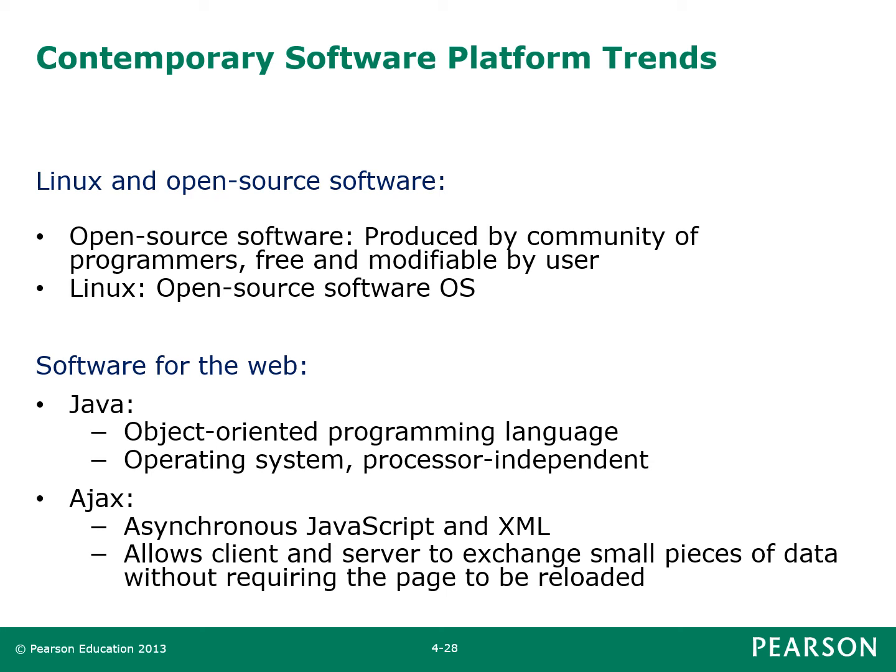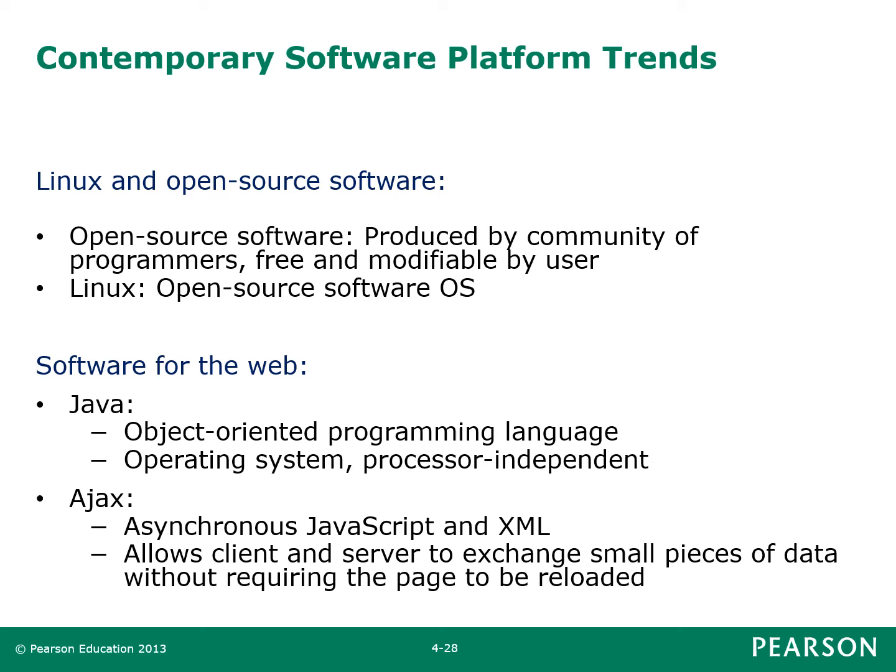So many enterprises, especially small and medium enterprises, are using open source software like Linux as operating systems. It becomes more stable and reliable, and many companies use it. Or MySQL as a database management system.